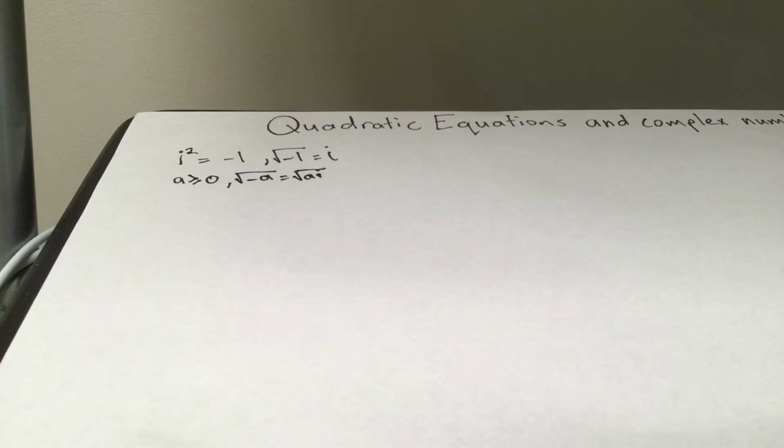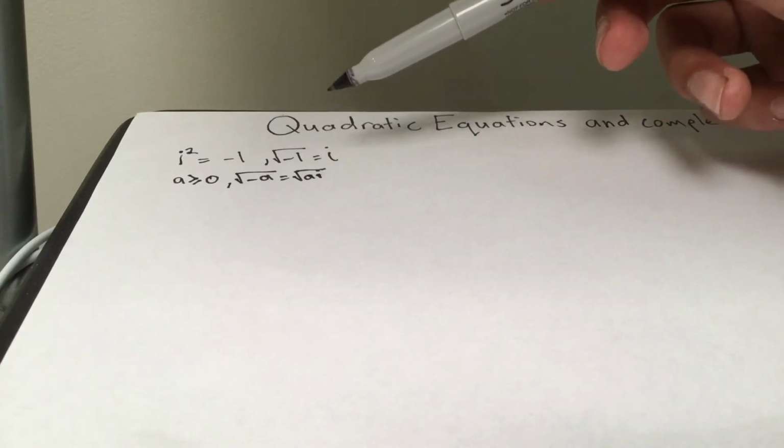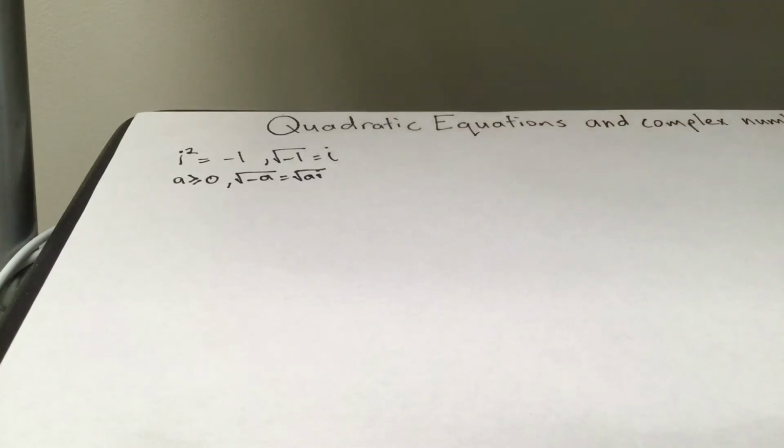So they decided, why can't we just square negative numbers? Instead, they made up i, also known as an imaginary number, to represent a negative number when it's square rooted. This only works if a is greater than or equal to 0.